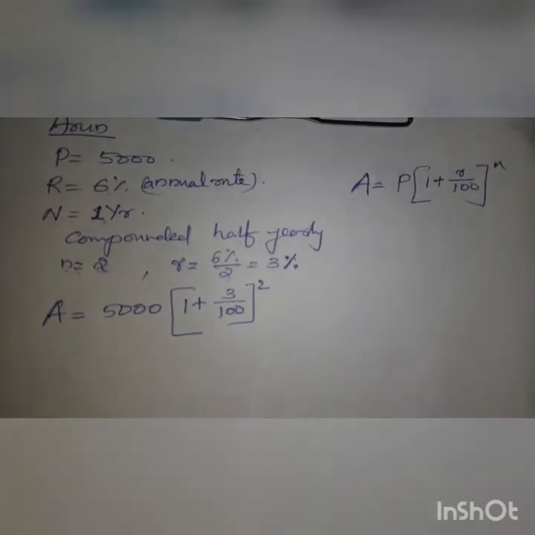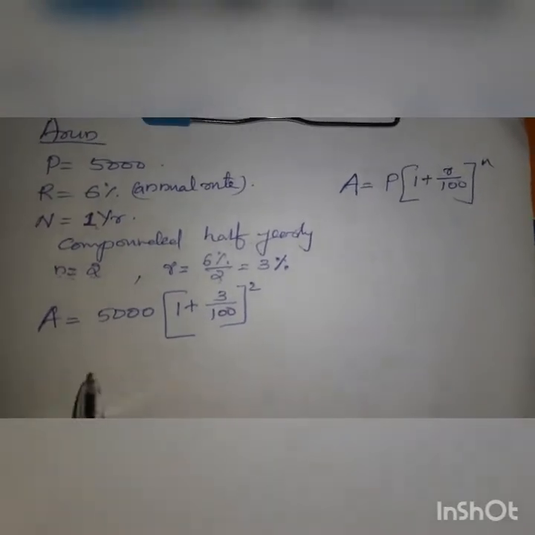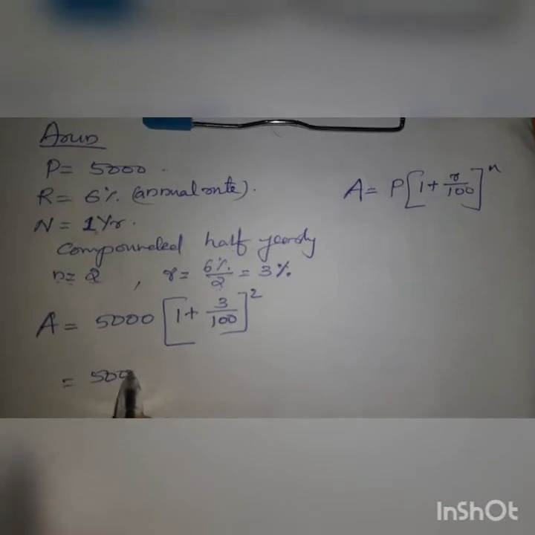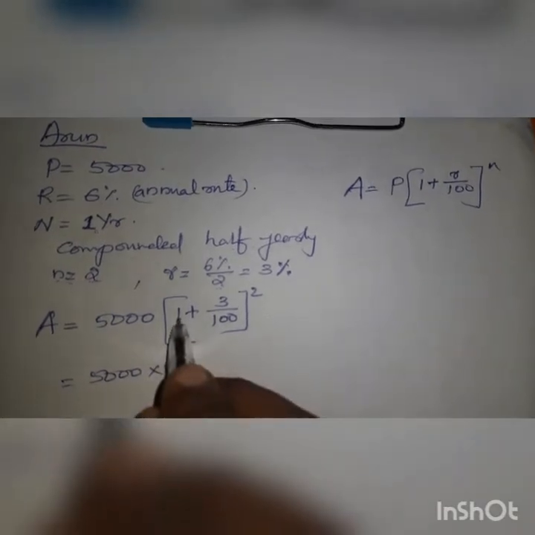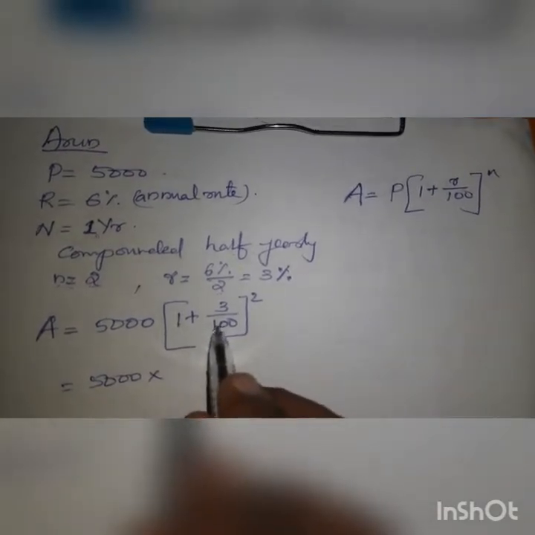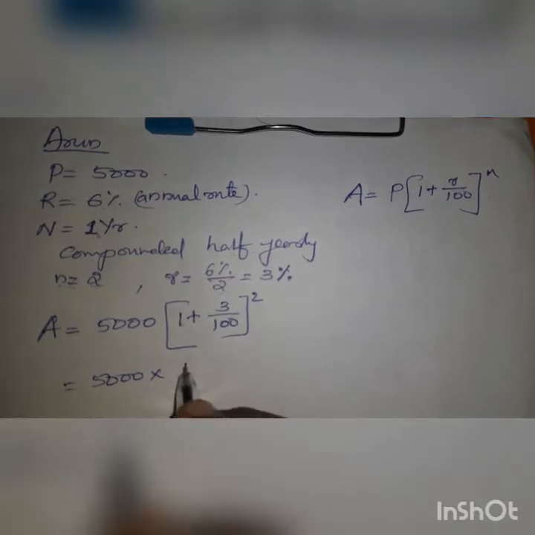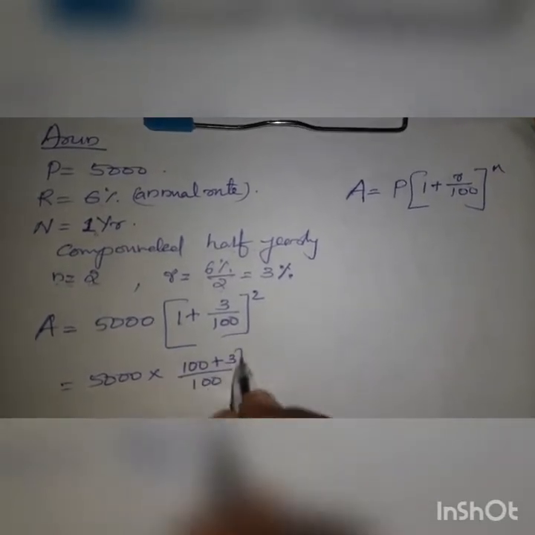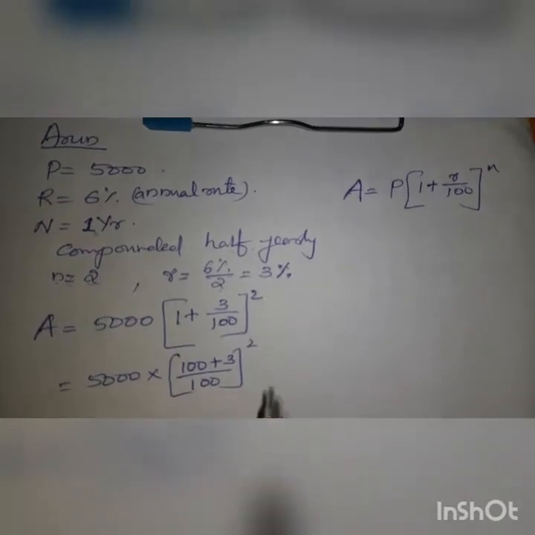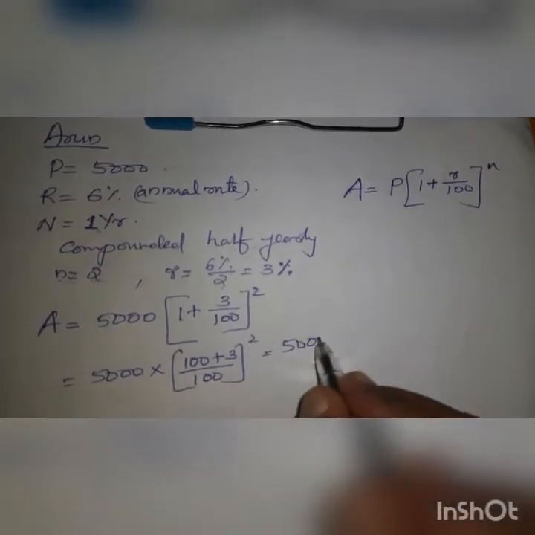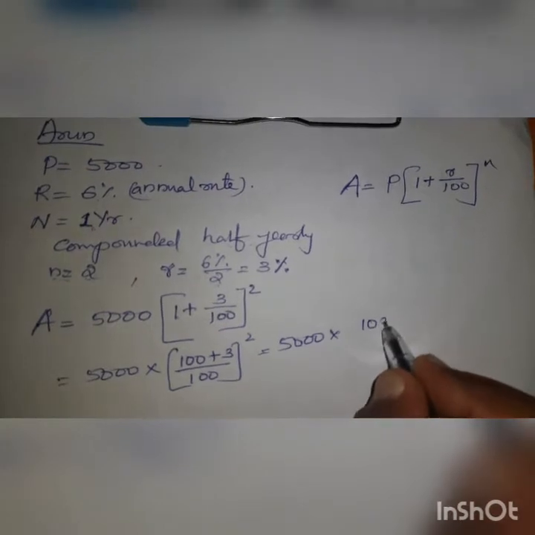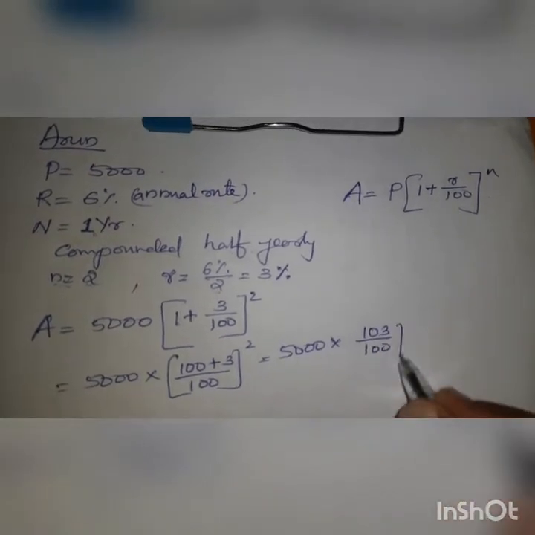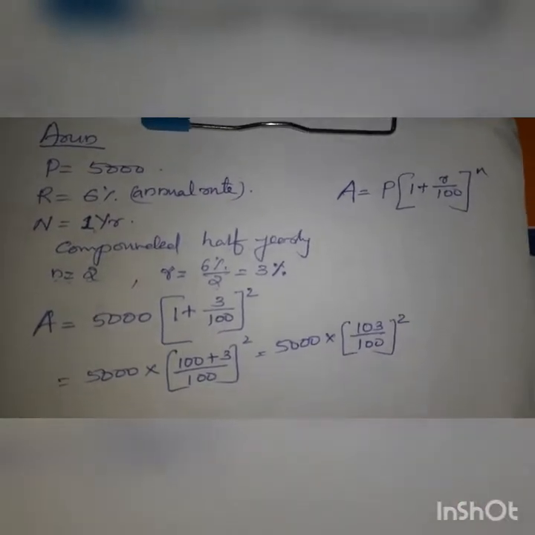That is 5,000 into 1 plus 3 by 100, which is 100 plus 3 by 100 raised to 2. So it's 5,000 into 103 by 100 raised to 2.